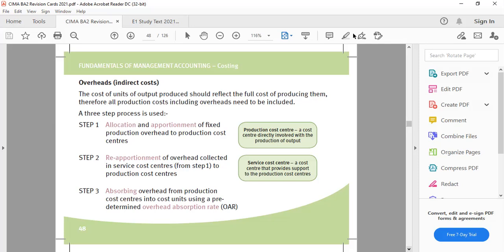See, another classification of cost is based on their identifiability. We have two types of cost: direct cost and indirect cost. If identifiability is taken, we have direct cost.